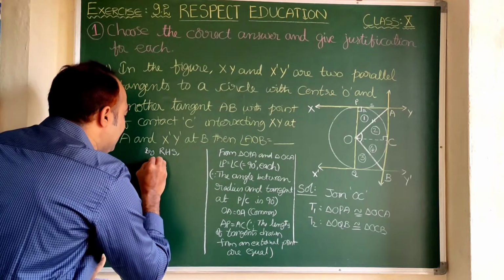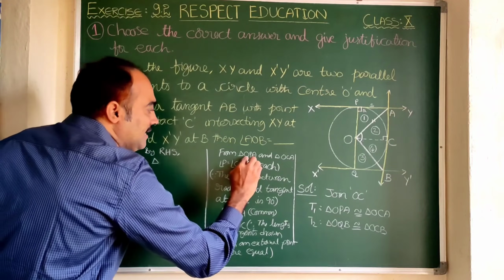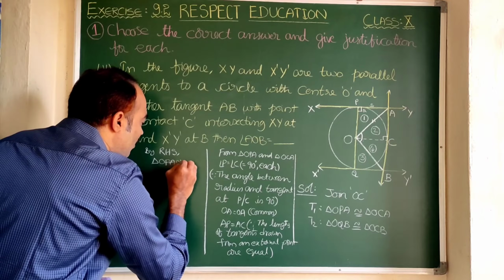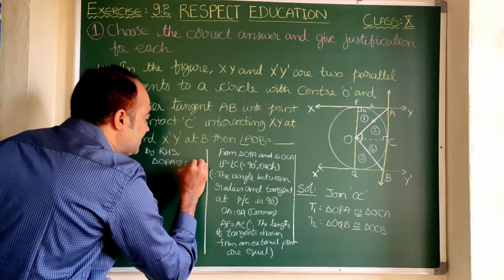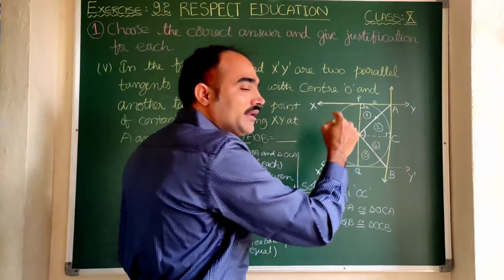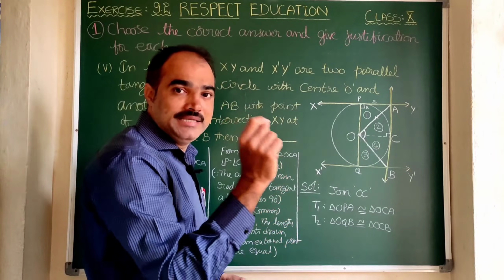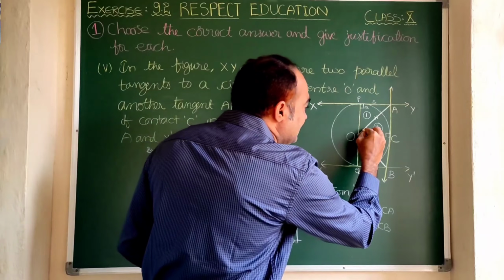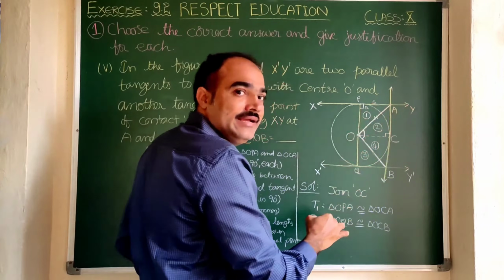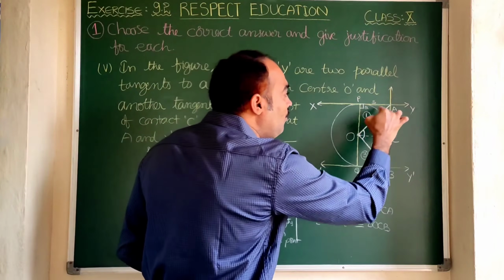So triangle OPA is congruent to triangle OCA. When these two triangles are congruent to each other, by CPCT, angle COA is equal to angle POA.